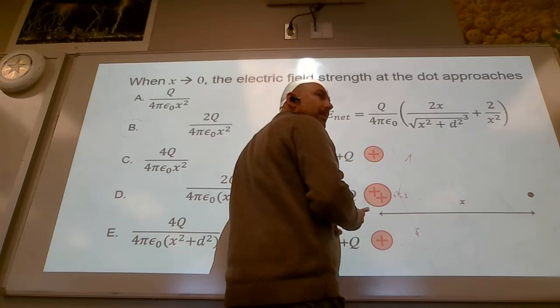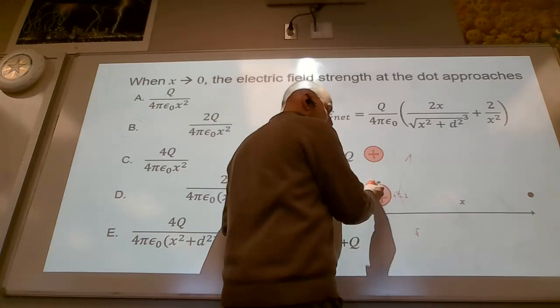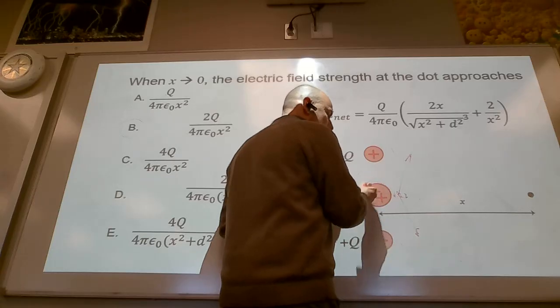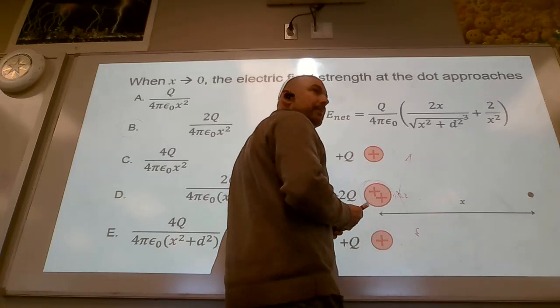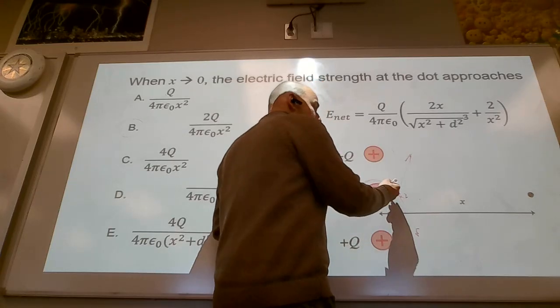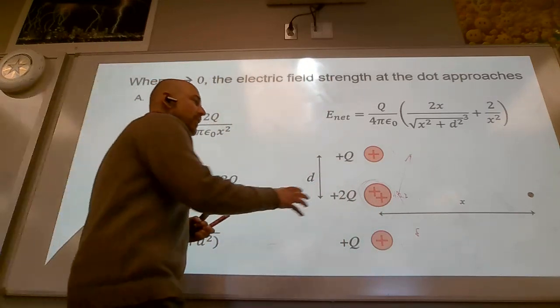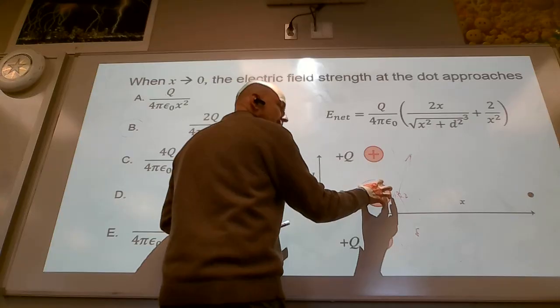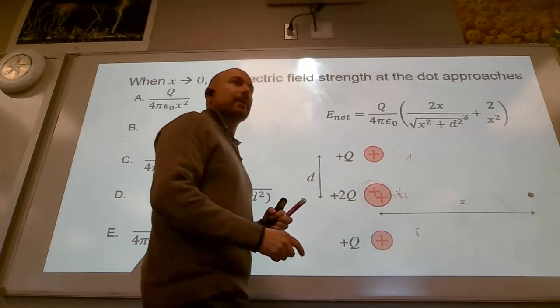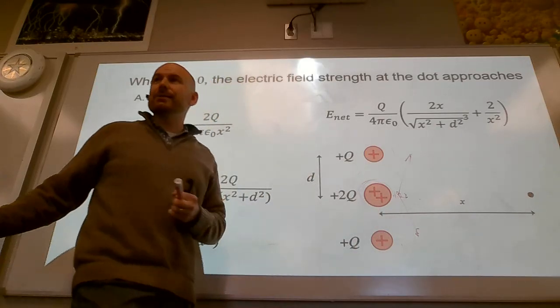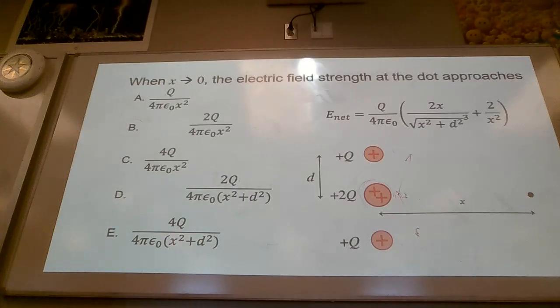So why wouldn't it be 0? Because there's an electric field from this one who's also playing a part, actually a very significant part. If this one didn't exist, yes, the electric field at that location at 0 would be 0. Agreed.